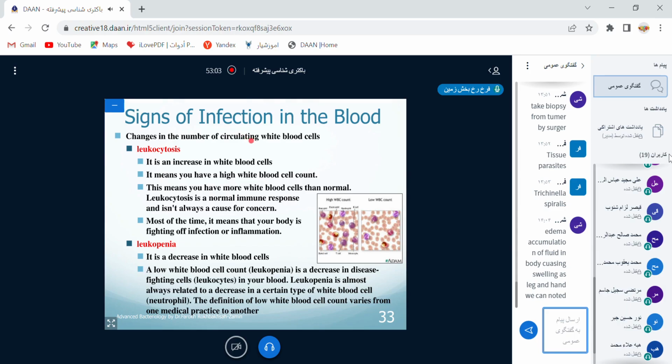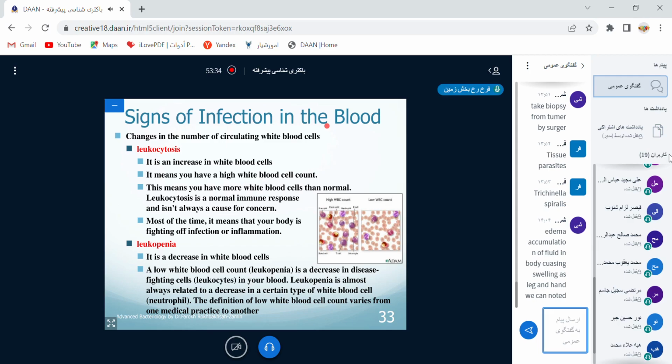Signs of infection in the blood. Sometimes the pathogenic bacteria can reach the blood. Suppose one person has a skin burn and is hospitalized in a clinic.